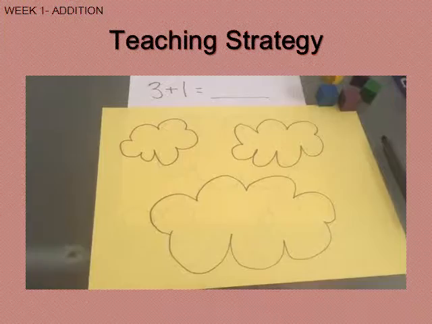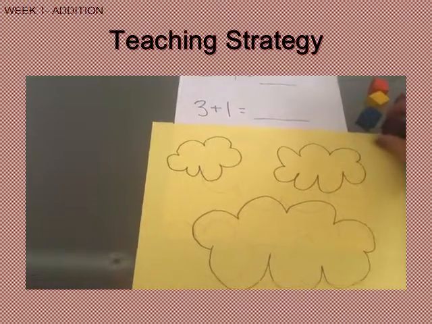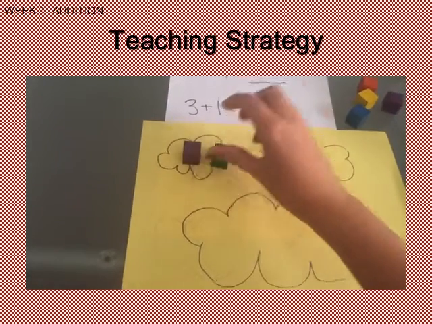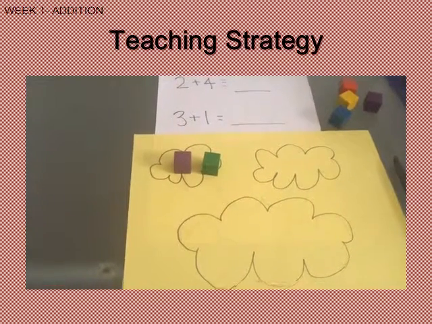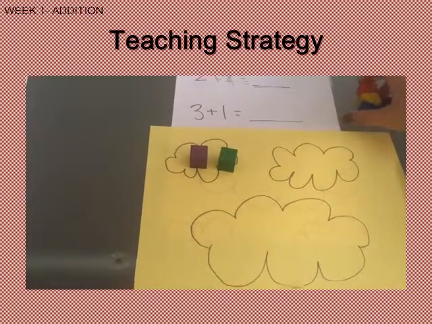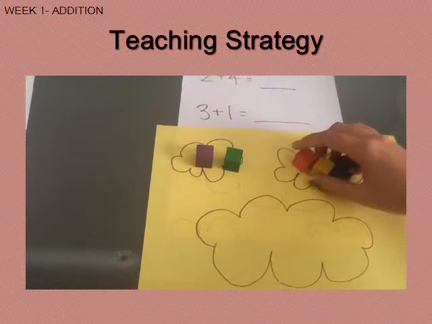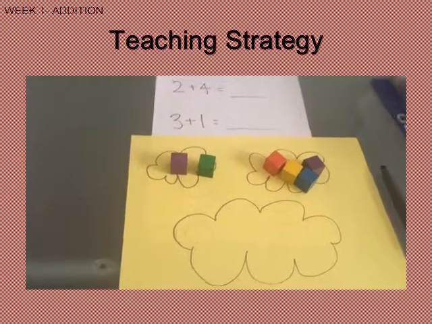So you can easily make an addition map by yourself. These are clouds. You can make it look better if you want. So you grab 2 blocks or counters or anything and pop them in one cloud. Then you would get 4 more and stick them in the other one and demonstrate this to the students.